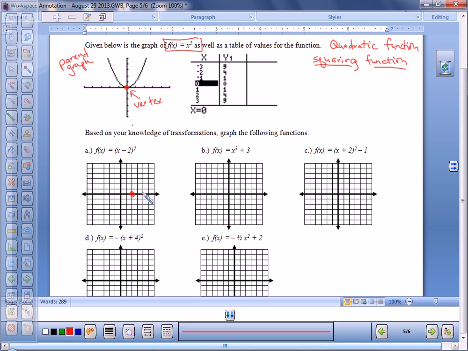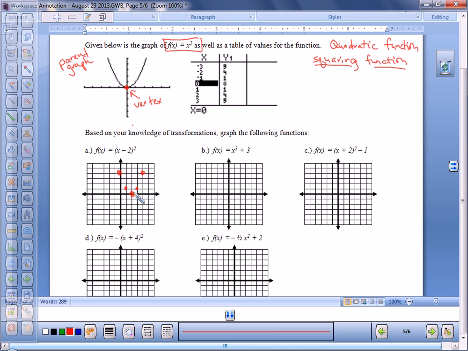If I went 2 units to the right, what is 2 squared? 4. I'd go up 4. If I went 1 unit to the left, what is negative 1 squared? 1. And if I went 2 units to the left, what is negative 2 squared? 4. And do you see I've just found enough points to make a nice shape for my quadratic function?